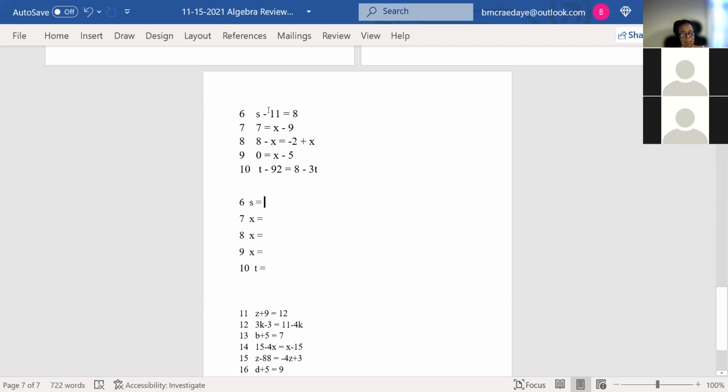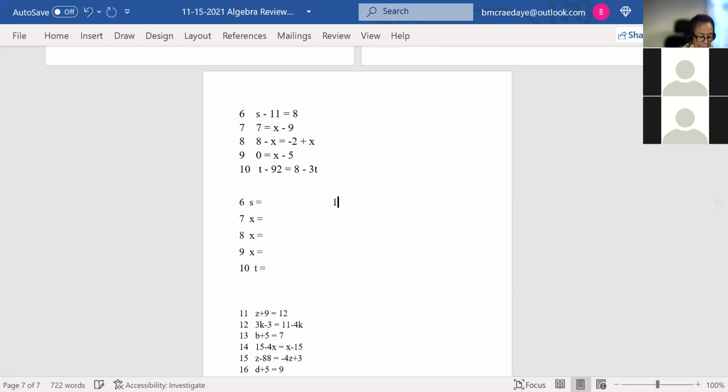If you solved this, you'd add 11 to both sides, right? What's 11 plus 8, Maureen? 20. 11 and 8 is 19. So that means if you subtract 11 from 19, you get 8, right?